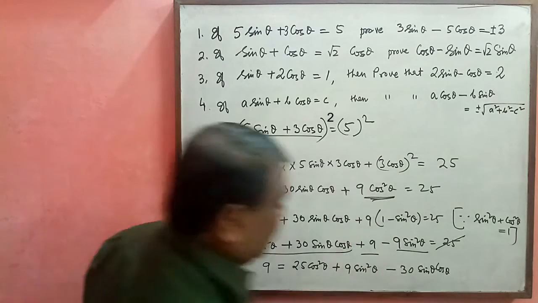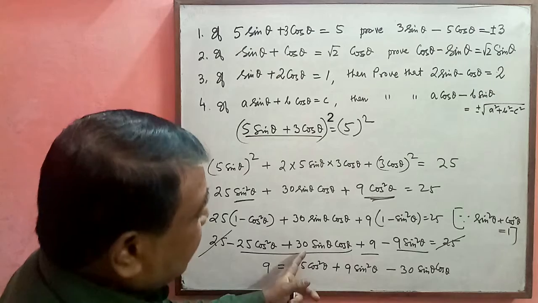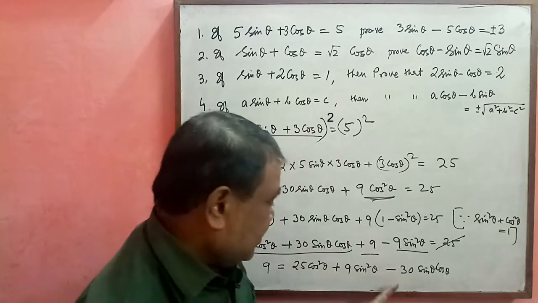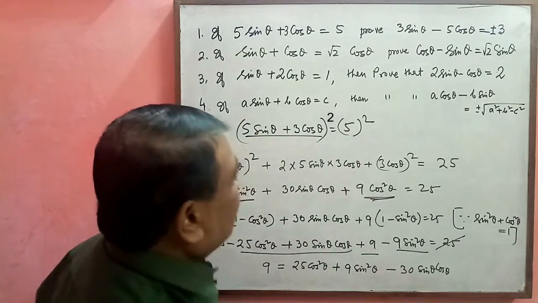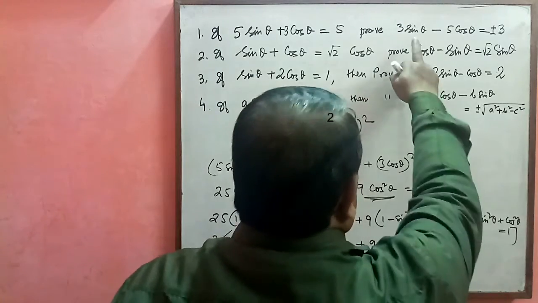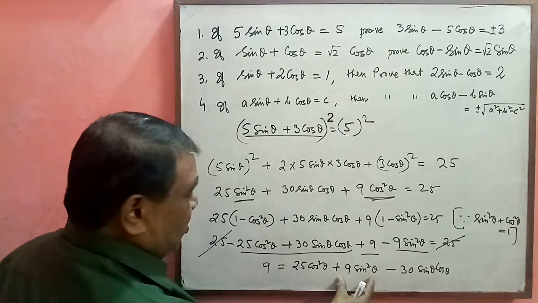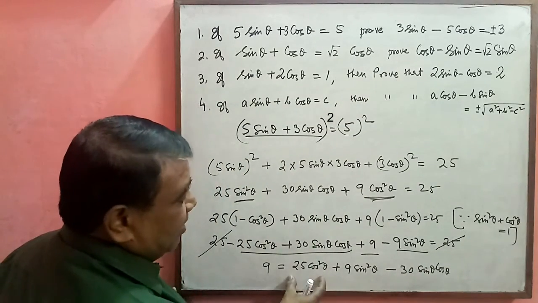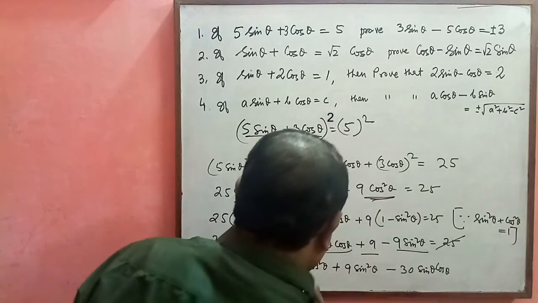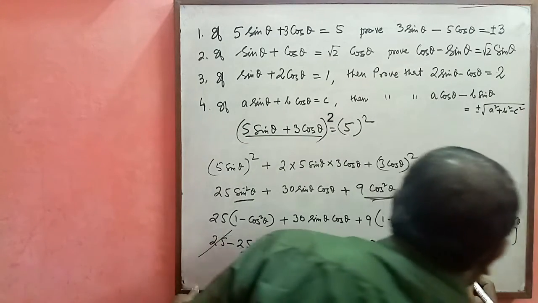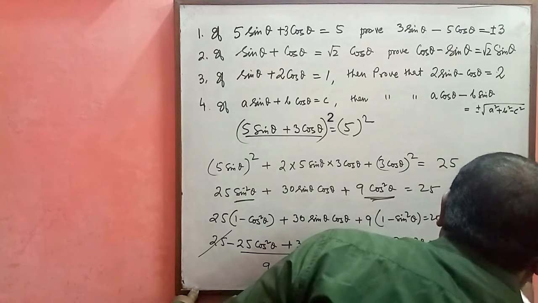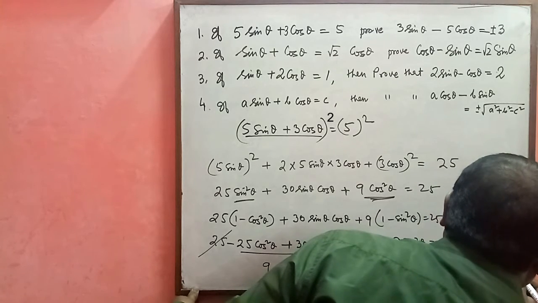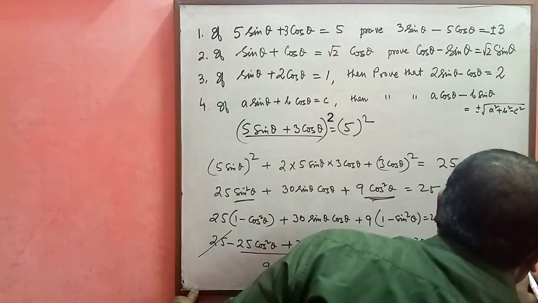I told you already, if this 2ab is getting changed into minus, the whole square will be of minus, that is here 3 sin theta and 5 cos theta whole square. So I can write this whole one is equal to 3 sin theta minus 5 cos theta whole square.